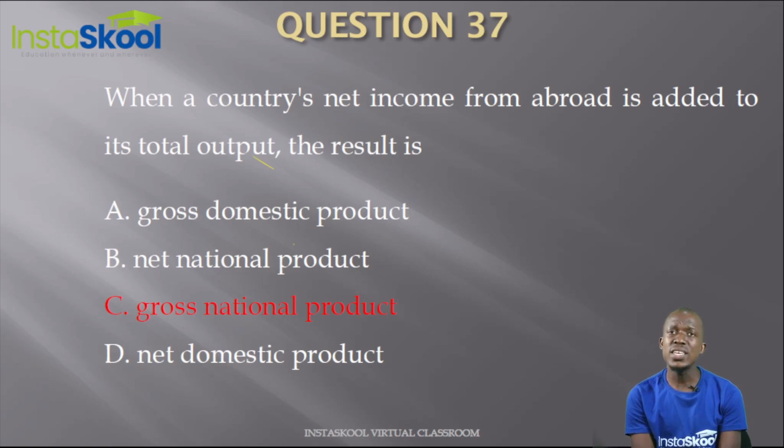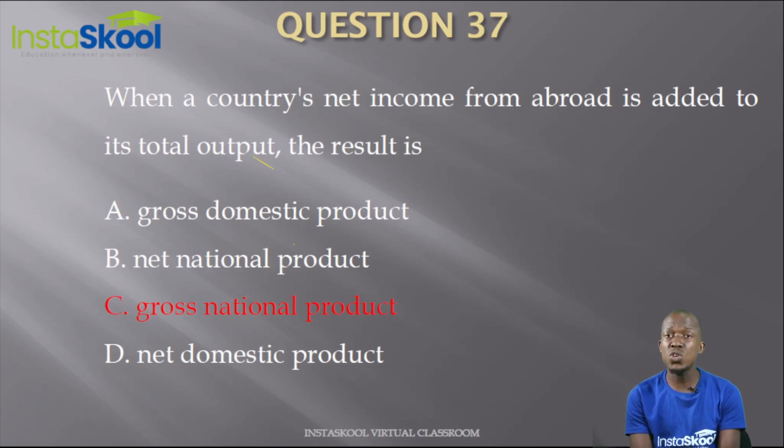Now, the net income from abroad means the goods and services produced by your citizens in other countries minus the goods and services produced by foreigners in your country. When we add this to total output, which is normally the gross domestic product, the answer is our gross national product.